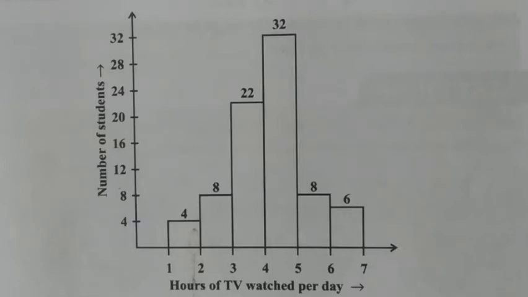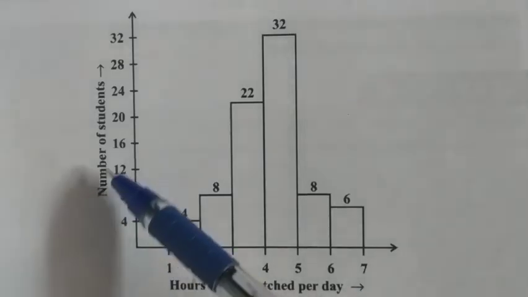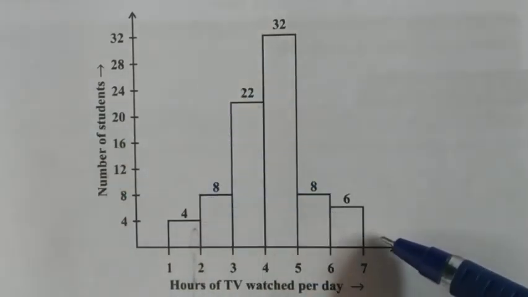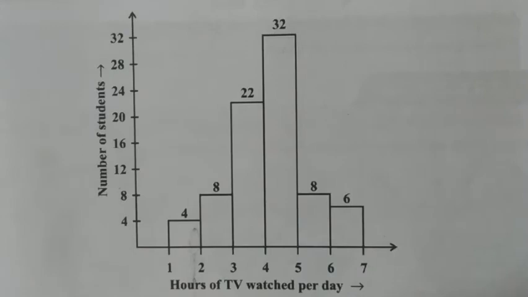Look at children, this is a histogram. It gives the information about hours of TV watched per day. The y-axis indicates the number of students. Now let us answer the following questions.